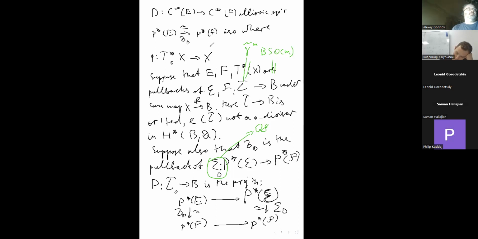Now E will be lambda even of gamma m tilde tensor C, and F will be the same but for lambda odd.